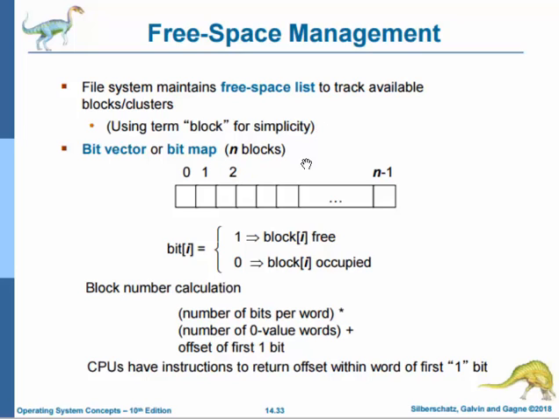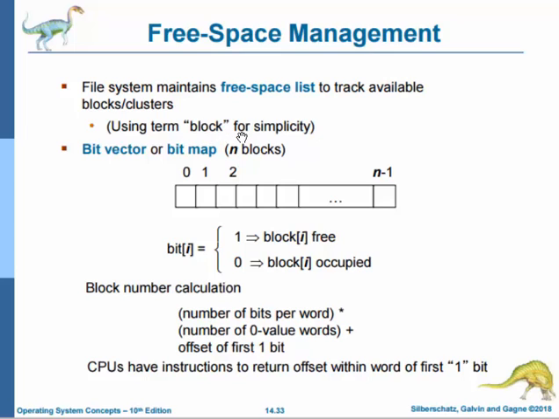To create a file, we search the free space list for the required amount of space and allocate that space to the new file. This space is then removed from the free space list. And when a file is deleted, its space is added to the free space list.